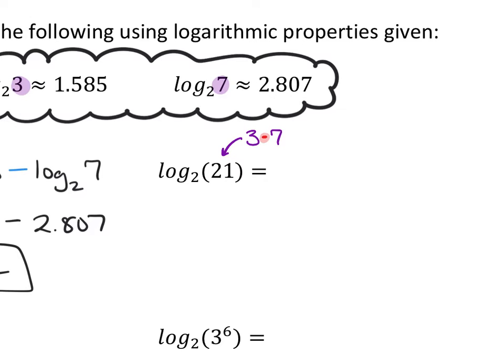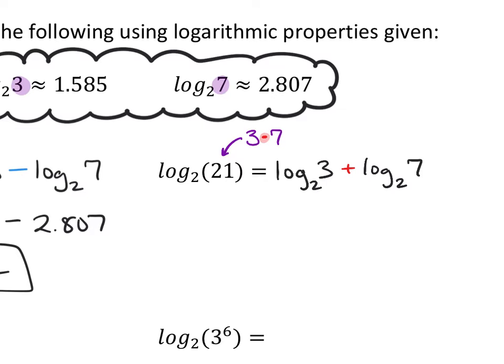Multiplication becomes what? An adding. So great, I can expand this and write it as log base 2 of 3 plus log base 2 of 7. I can add them because 21 is 3 times 7.